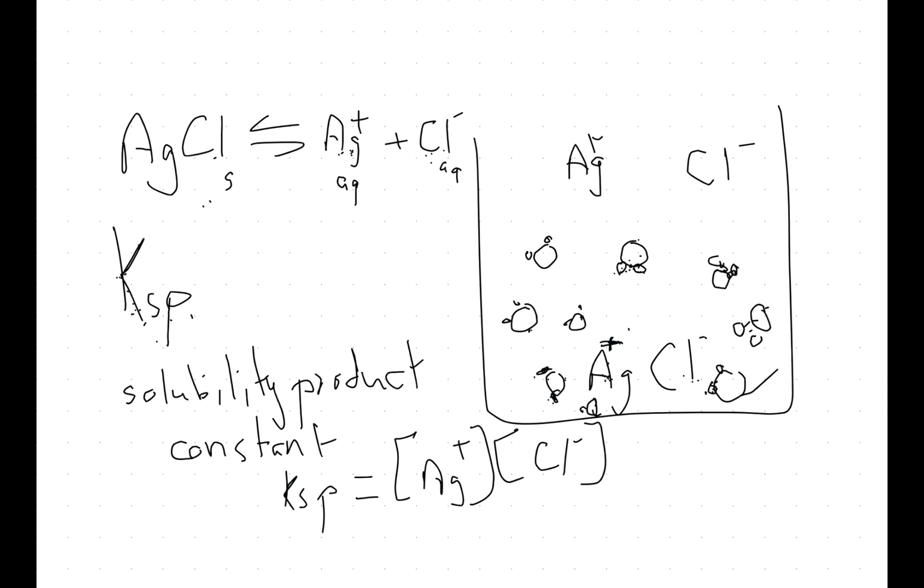Okay, page number 3. So now we will try to write the solubility product. Sorry, it's not equilibrium, solubility product. Write the solubility product for the compound potassium iodide.